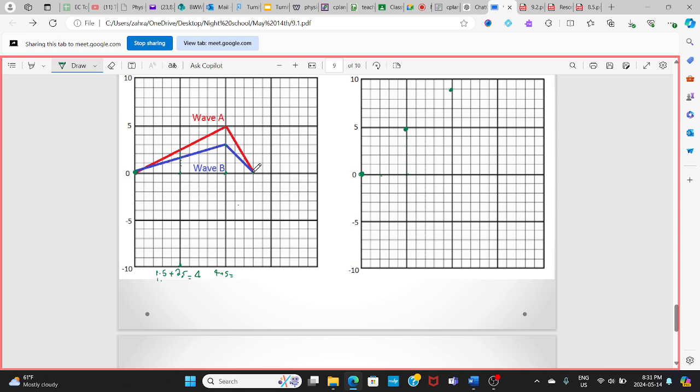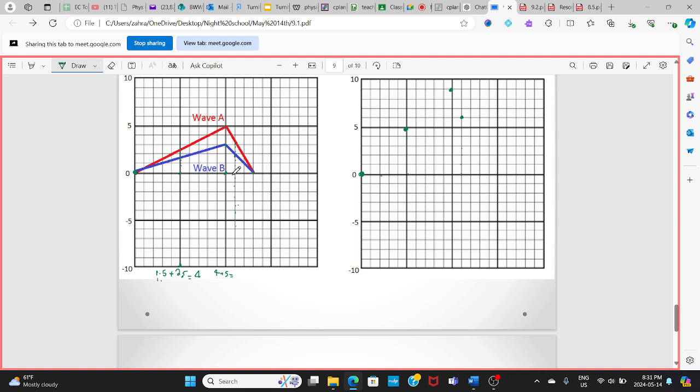At this point, or I can do that here as well if you want to have more points, the amplitude here is 2, and for the other wave it's 4. 2 plus 4 is 6. Just here.